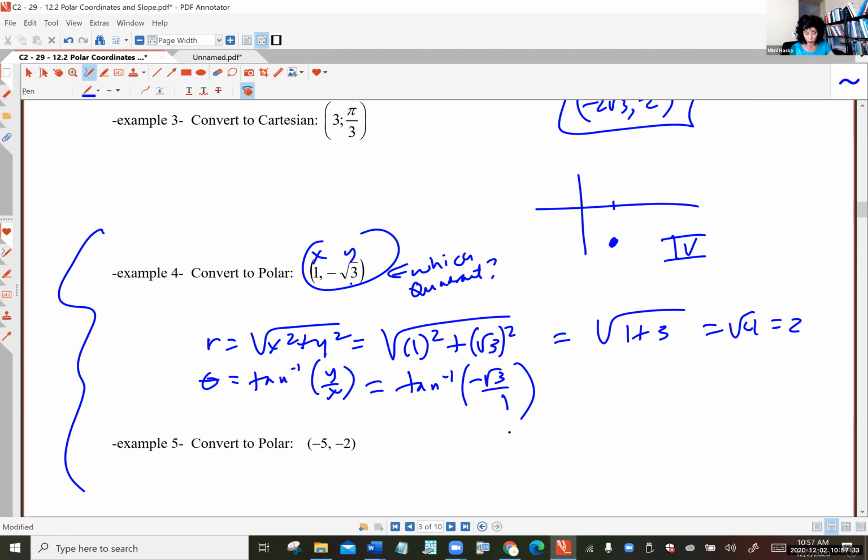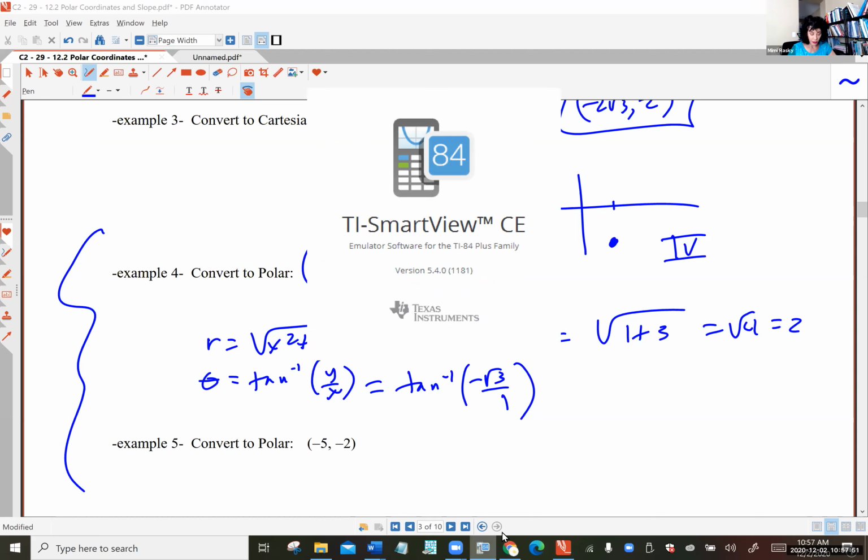Now I don't know what this is off the top of my head. So what I do is I crack open my graphing calculator and I make sure that I'm in degrees mode, and then I convert it to radians if I can in my head. And just so you remember how to do arctan, this takes a while for my TI-84 to come up because I think it takes up a lot of memory.